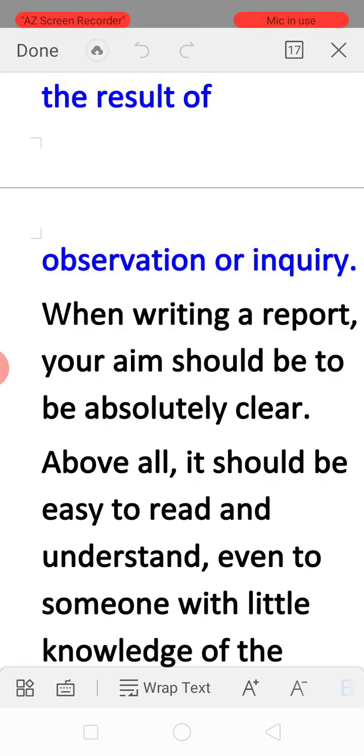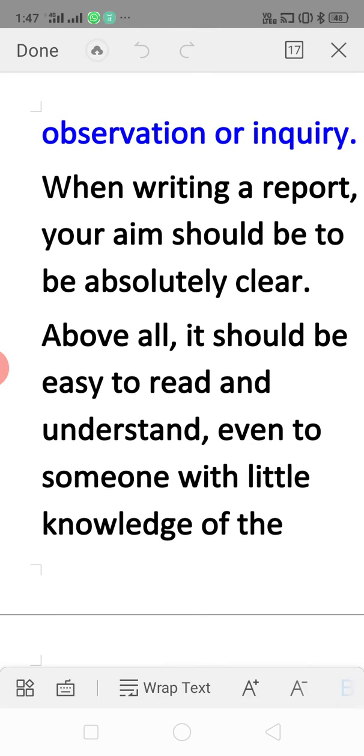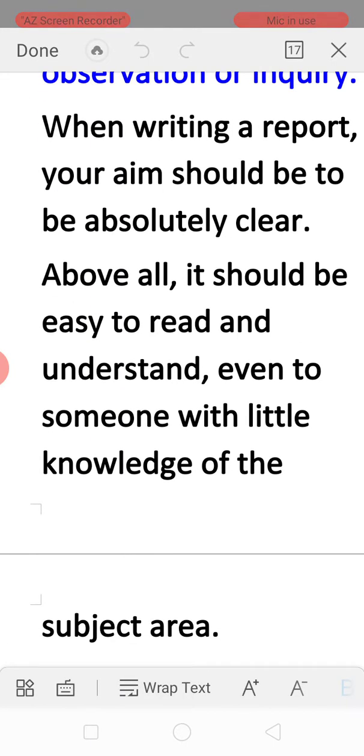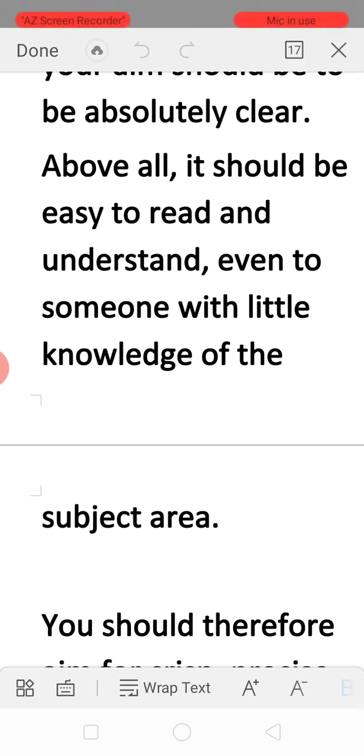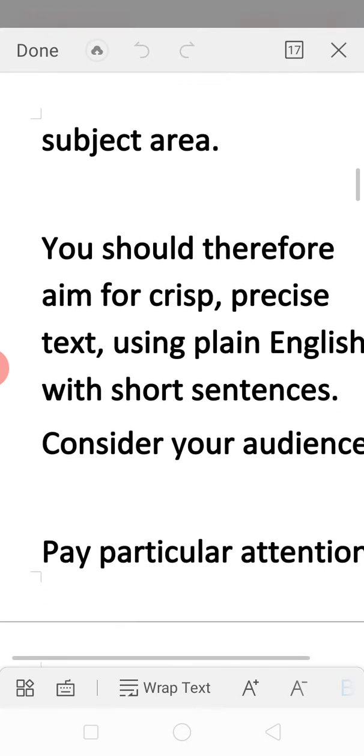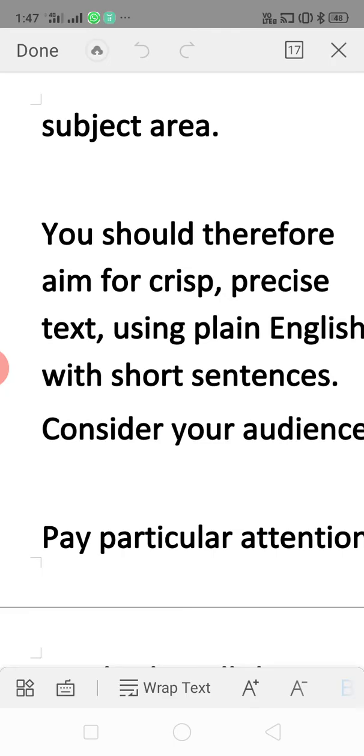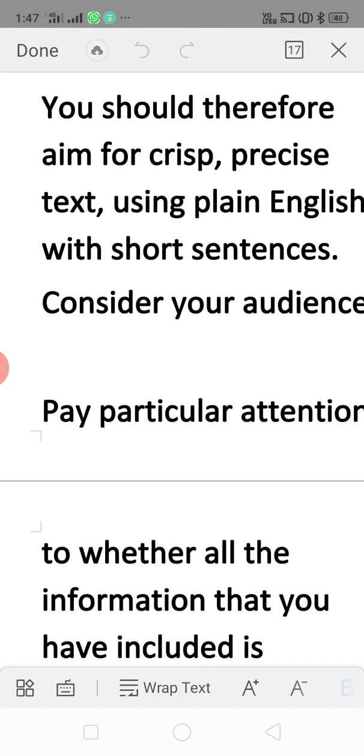When writing a report, your aim should be absolutely clear. Above all, it should be easy to read and understand, even to someone with little knowledge of the subject. You should therefore aim for crisp, precise text. Use plain English with short sentences. Consider your audience.